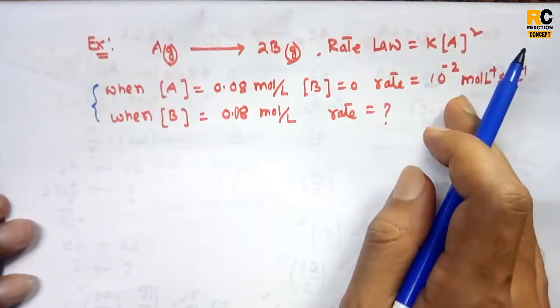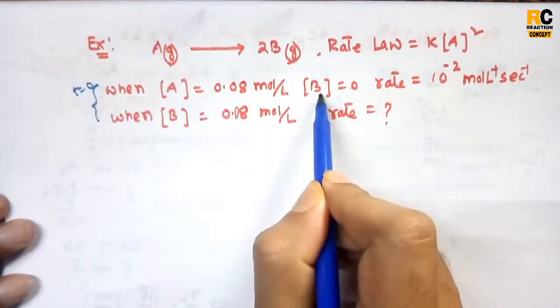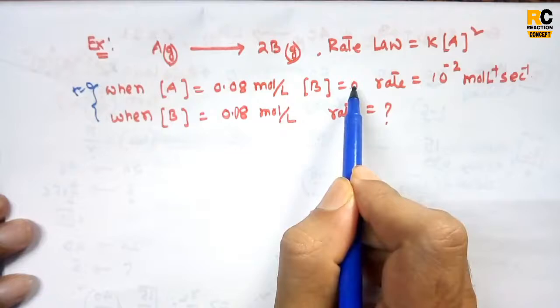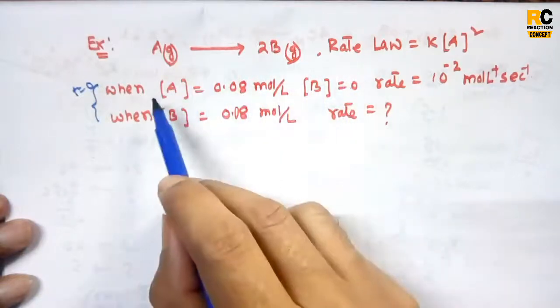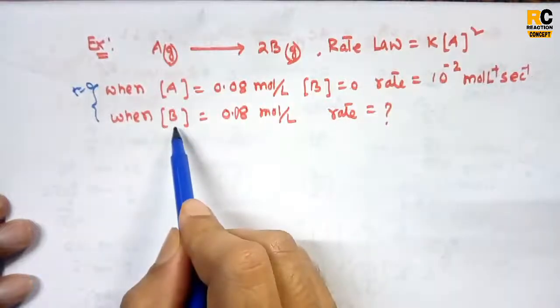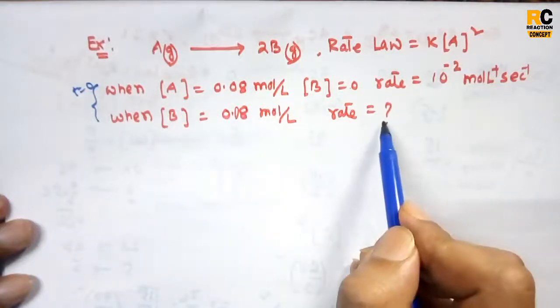Okay, this data is given, that is initially T equal to 0, because the concentration of B is 0. No product is forming, so it should be the initial concentration. It is asked that when the concentration of B is 0.08, what will be the rate of the reaction?